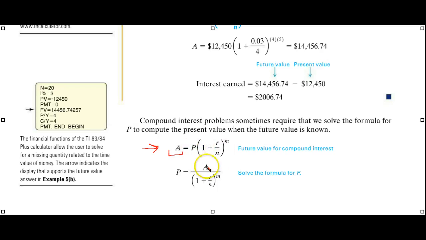So P equals then A over this, which is what this formula is. So if you know the future amount, but wanted to find out what was the original amount invested, the principal, this is the formula you'd use. And we're going to do this example now.